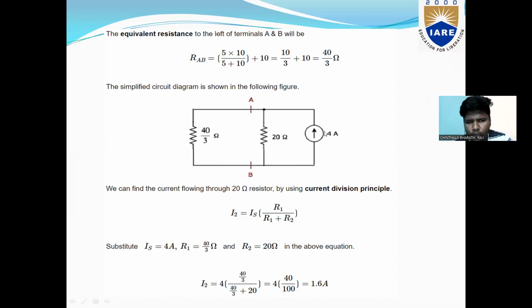We can find the current through the 20 ohm resistor by using the current division principle. That is, I equal to IS into R1 by R1 plus R2.